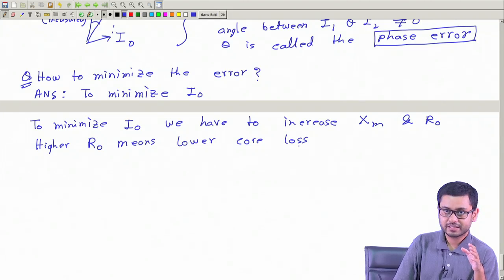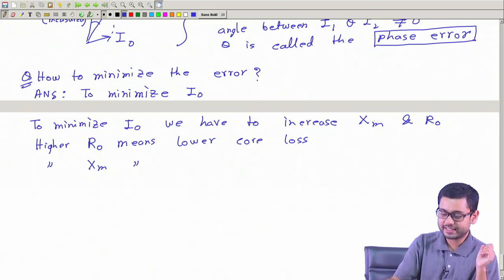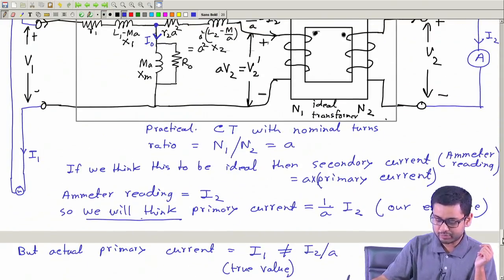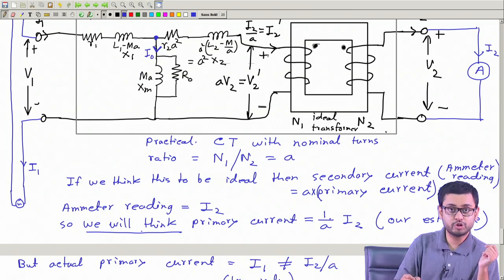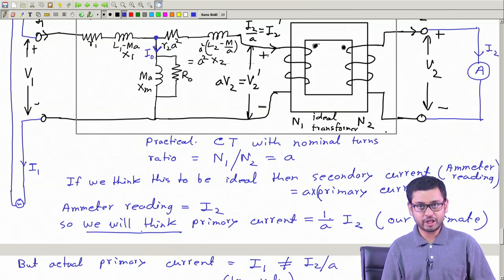So we need the core material to have very good laminations, thin laminations, etc. And higher Xm means, now what is Xm or where does this Xm come from? So Xm comes from this mutual inductance. And on what factor will this mutual inductance depend? This will depend on the permeability of the core.